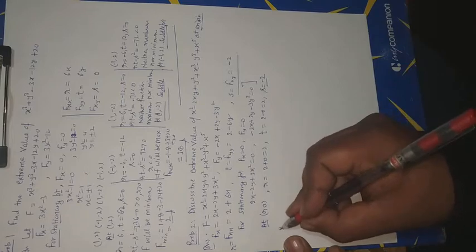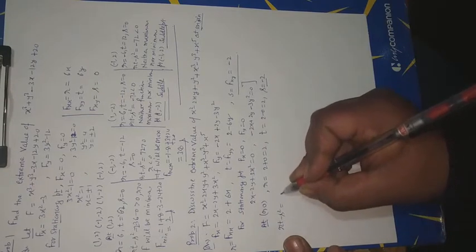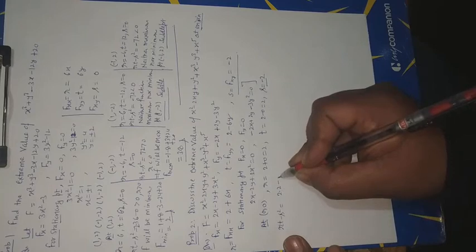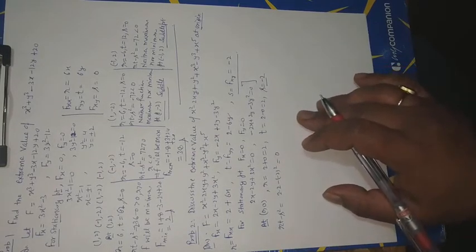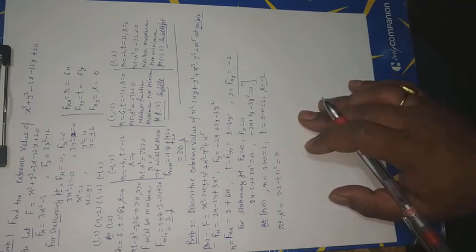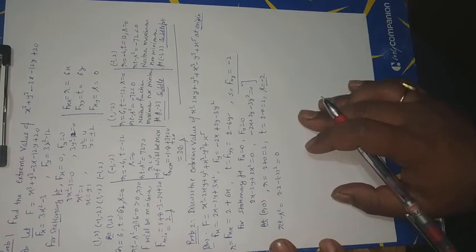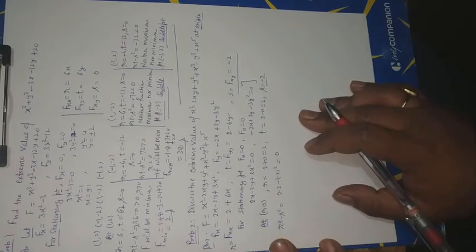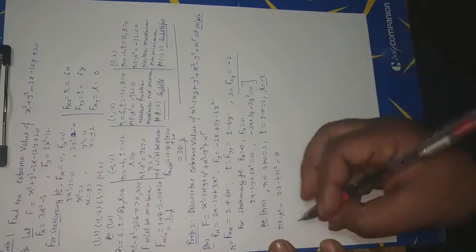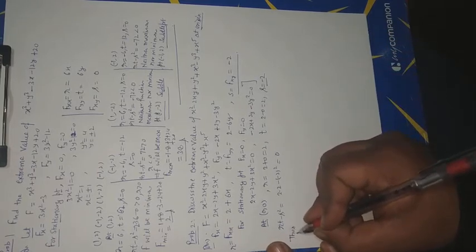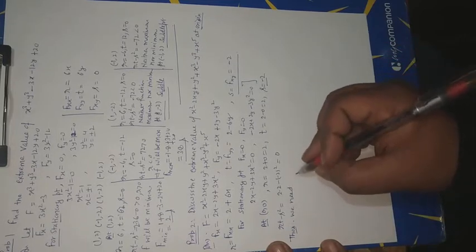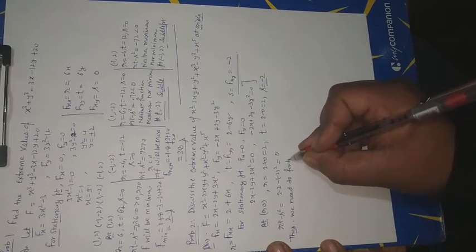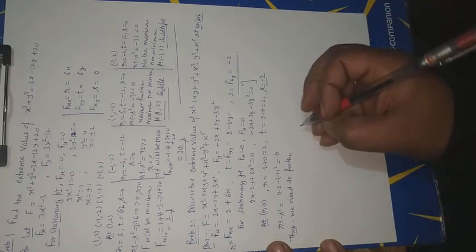Now we can calculate rt minus s square. This is equal to 2 into 2 minus 2 whole square, which is equal to 0. In this case, when rt minus s square is equal to 0, then we need to further examine the question.